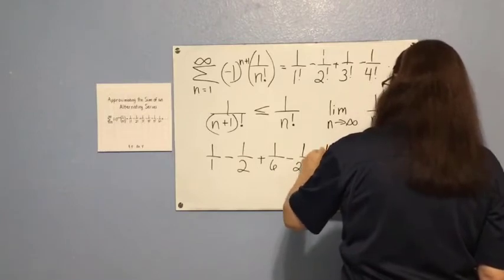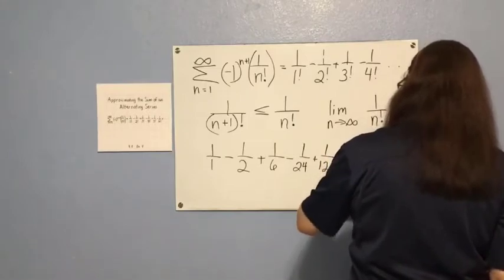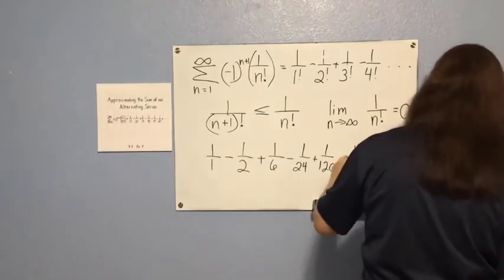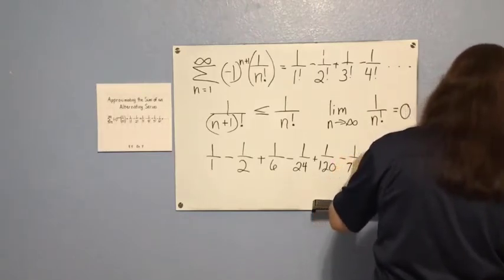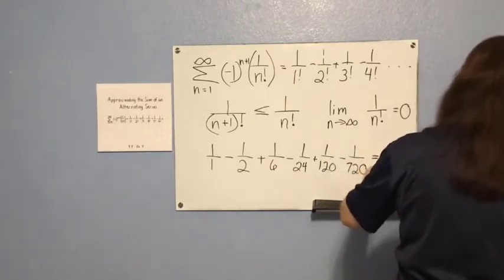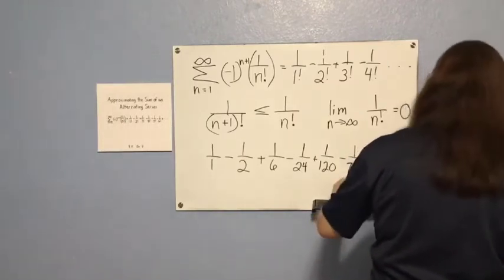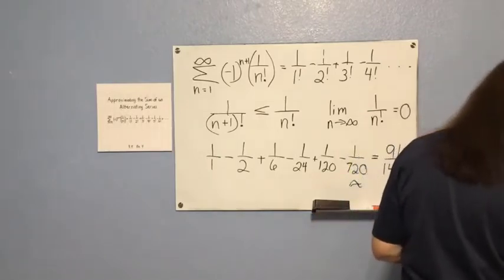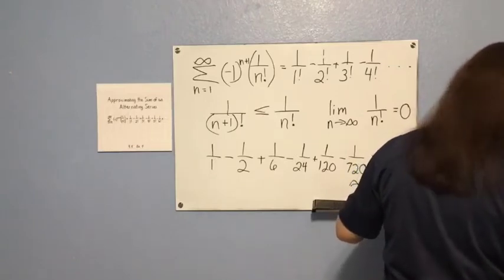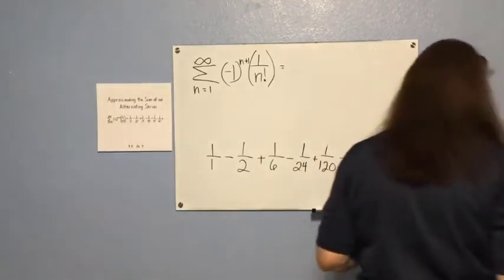The next term would be 1 over 120, and then 1 over 720. When I add those all up, I get 91 over 144, and that's approximately equal to 0.63194.